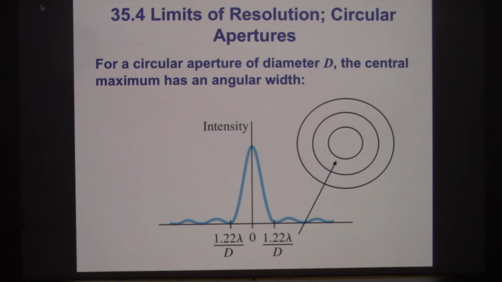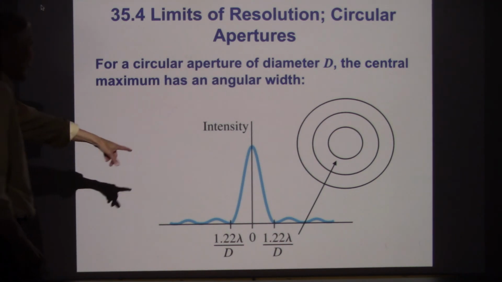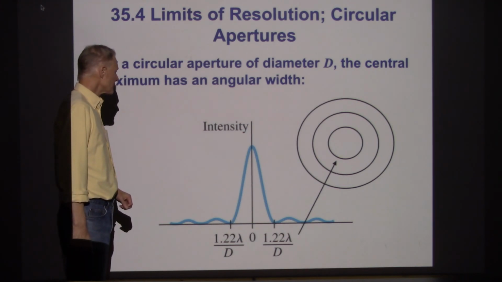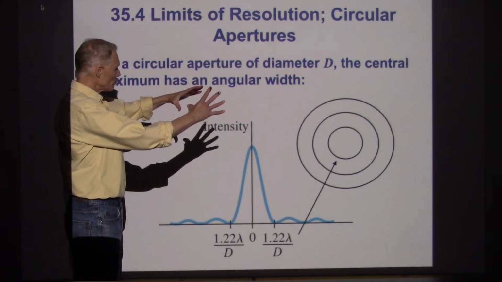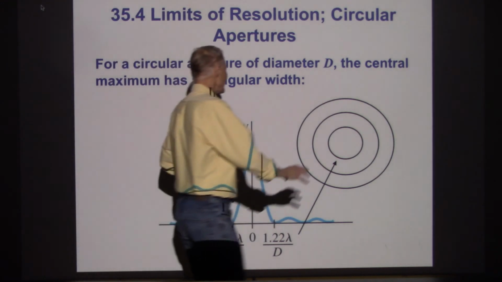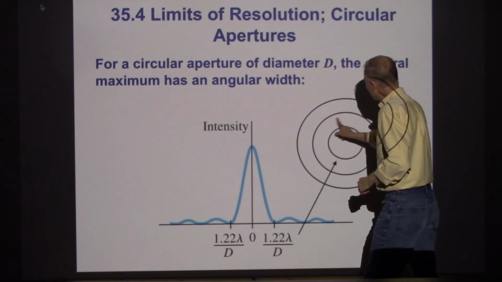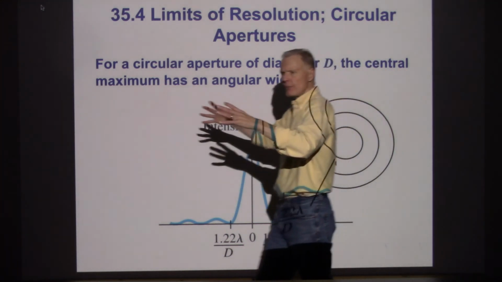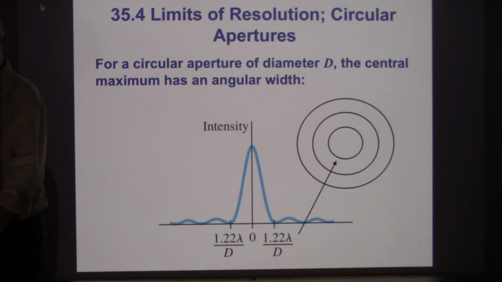So it's a bit of calculation to go through, but it does give you that 1.22 number. Anyway, so what's going to happen is we'll have a circular central peak. 90 to 95% of the light is going to end up here, but then we're going to end up with some light here, and some light here, and some light in the surrounding fringes.